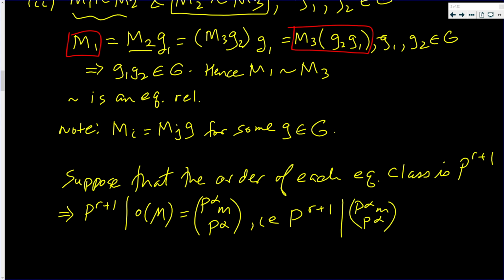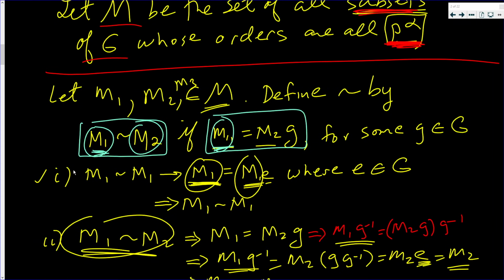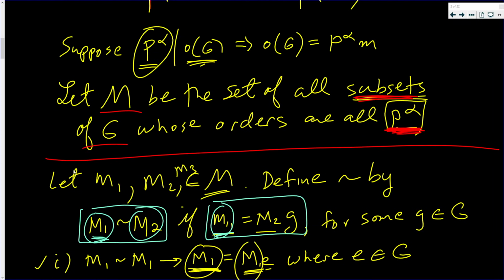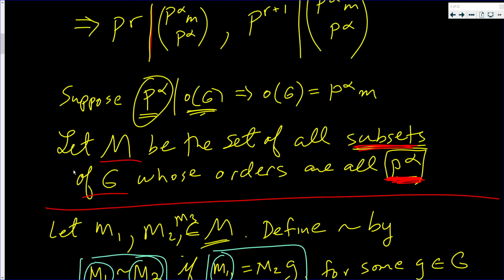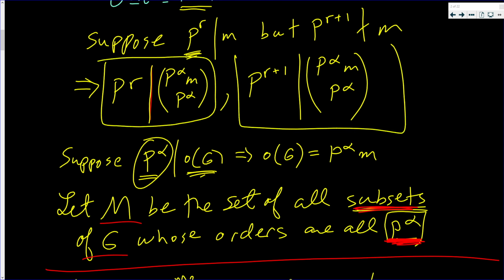But somewhere we said this is not true. Let me find it. That was what we did before we started the proof. And oops, here it is. I should have said that. I'm pretty sure I did say it, but I didn't write it. P to the r plus 1 does not divide, because the only powers of p that divide this all come from m.